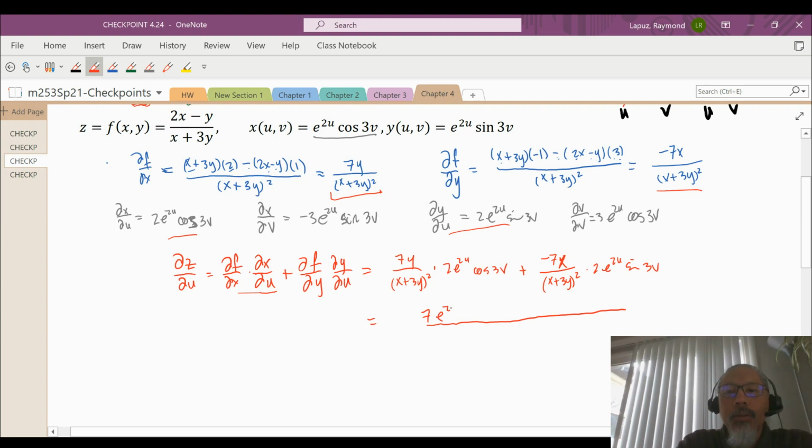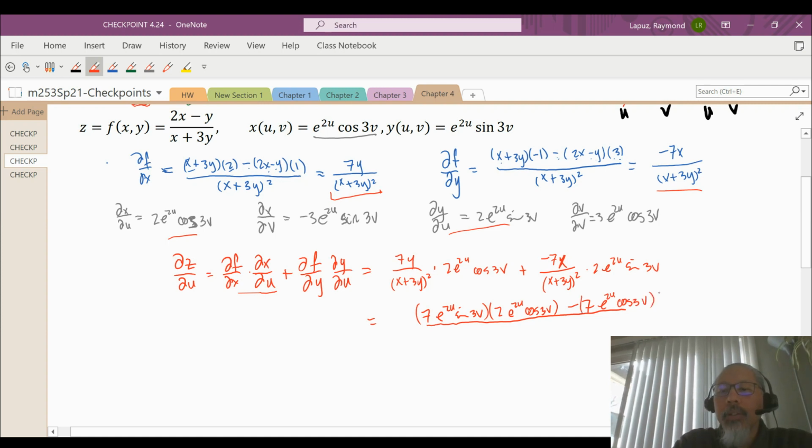Y was e to the 2u sine 3v. And then we'll tack on the 2 times e to the 2u cosine 3v. And then we have a minus 7 times x, which is equal to e to the 2u cosine 3v.